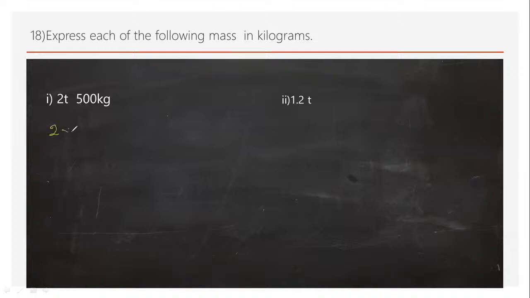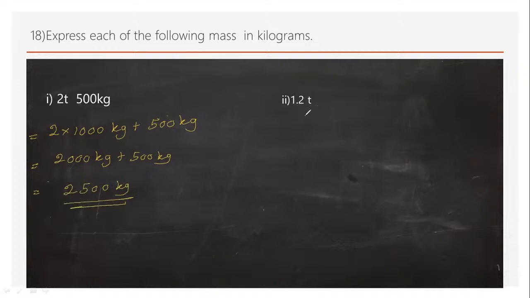Then 2 into 1000 kilogram plus 500 kilogram. 2000 kilogram plus 500 kilograms. You have to write these masses in kilograms. So you can write 2500 kilograms.